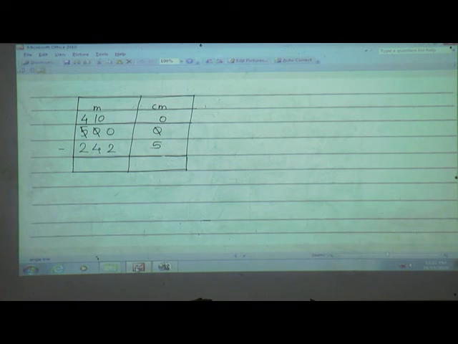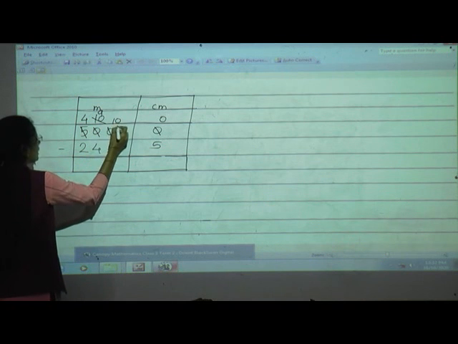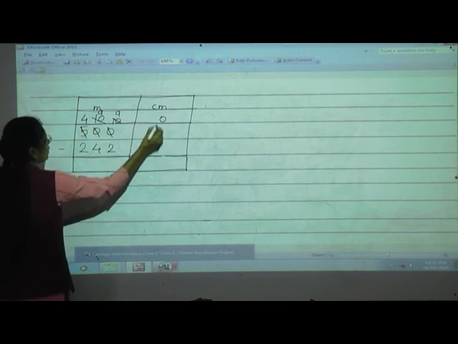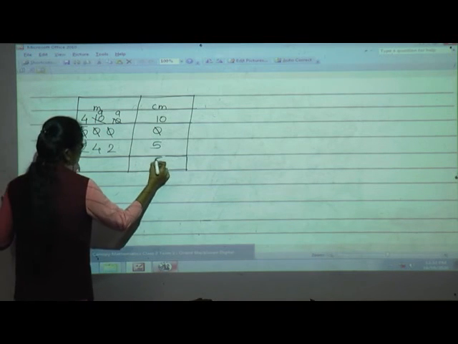Now from this 10 we will take one borrow. So if we take one borrow from this 10, then here 9 will remain, and this 0 will become 10. Now again from this 10 we will take one borrow and this 0 will become 10. Now 10 minus 5, yes, 5.